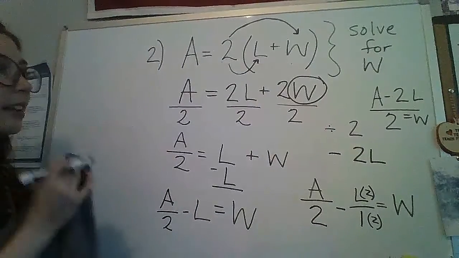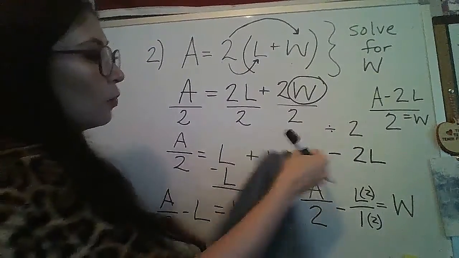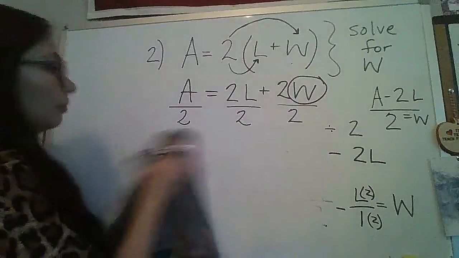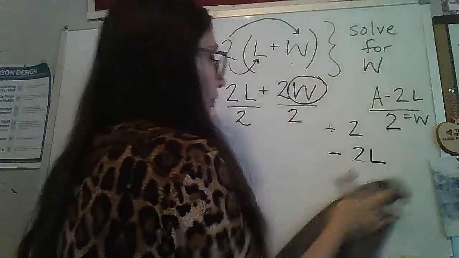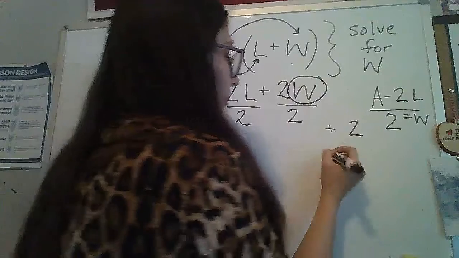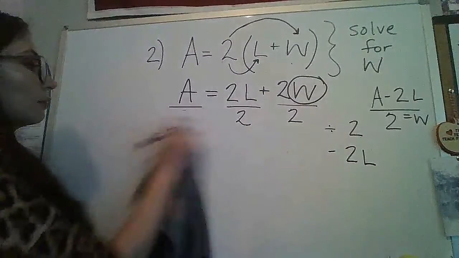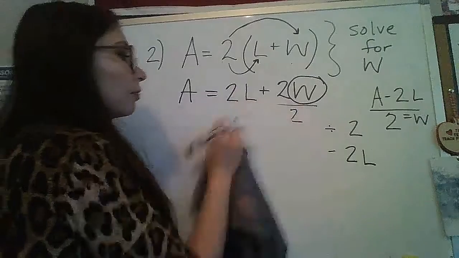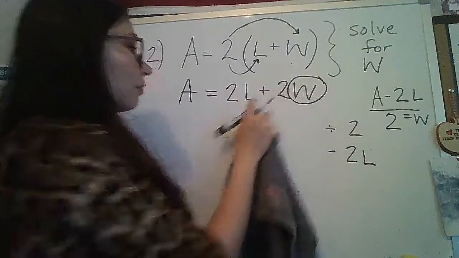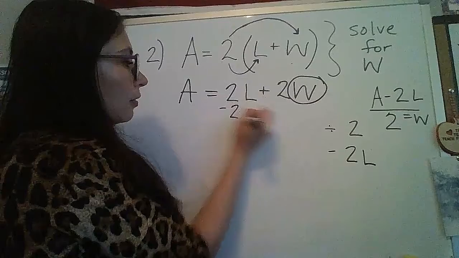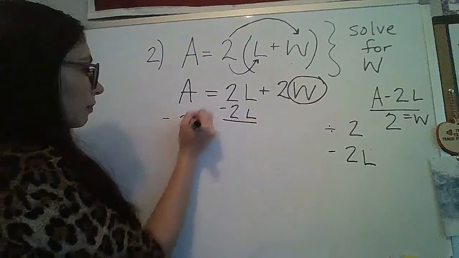Now let's backtrack and solve this, but we're going to do the subtraction first. So the first thing I'm going to do is subtract 2L from both sides.